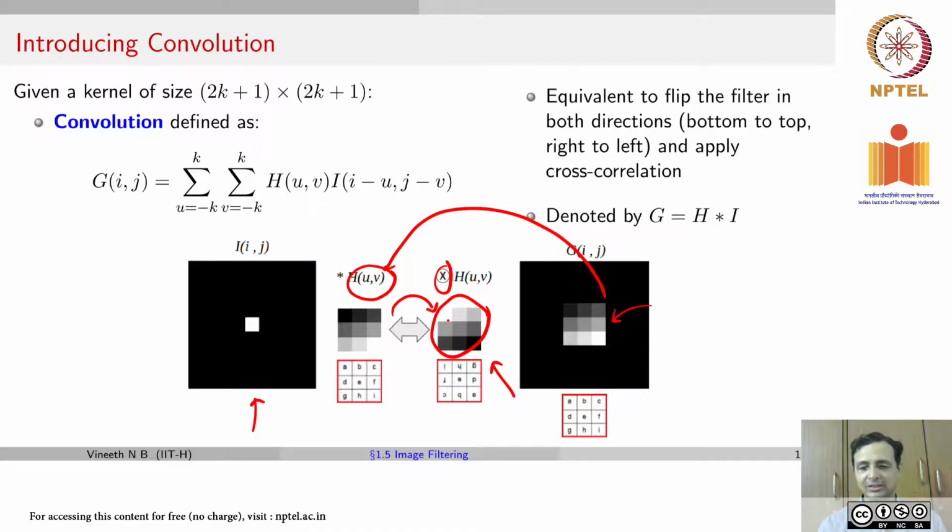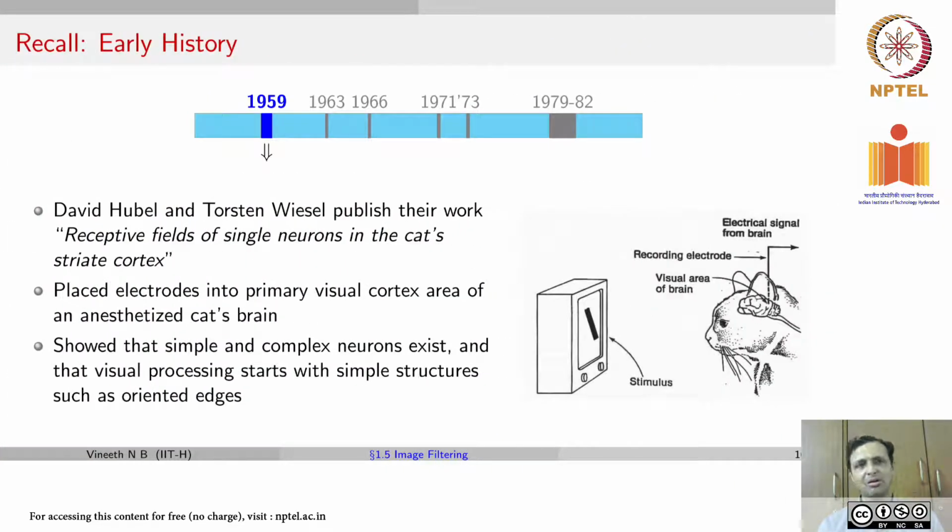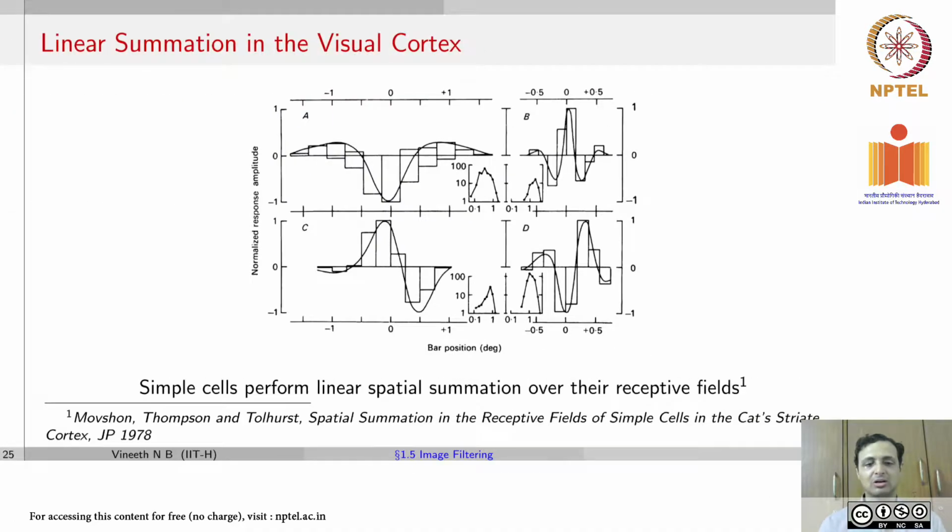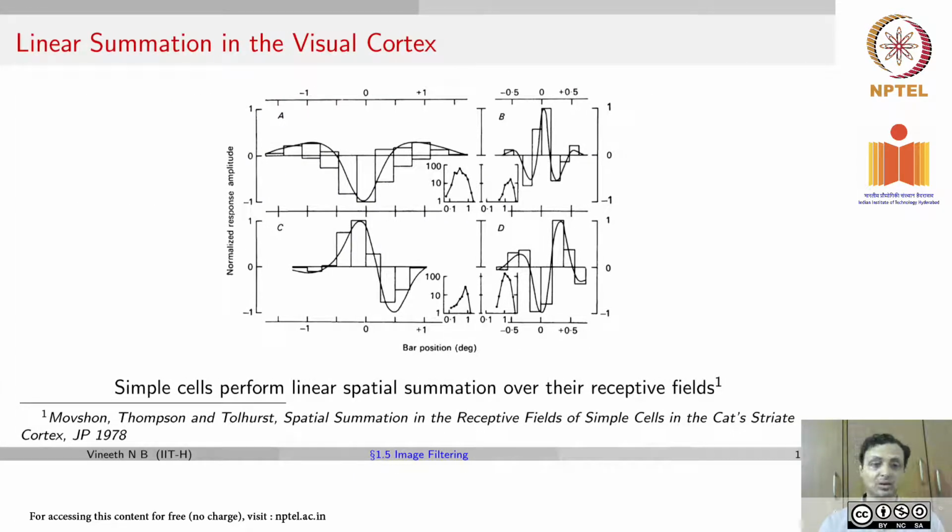Before we answer that question, if you recall this slide that we had when we talked about the history of computer vision, we talked about these early experiments in the late 1950s that established that there are simple and complex cells in the mammalian visual cortex. There has been follow-up work along these lines that have showed that simple cells in the visual cortex perform simple linear spatial summation over their receptive fields.